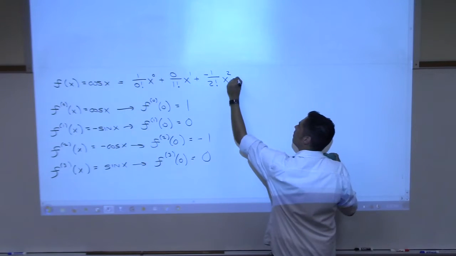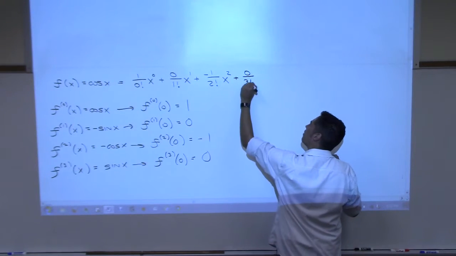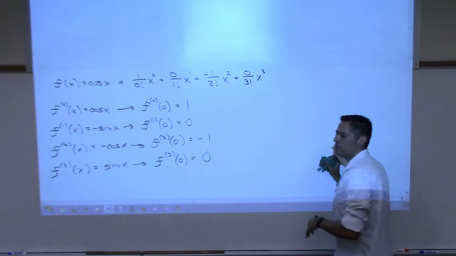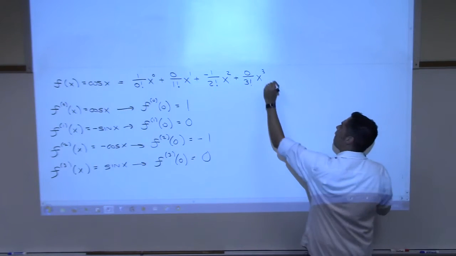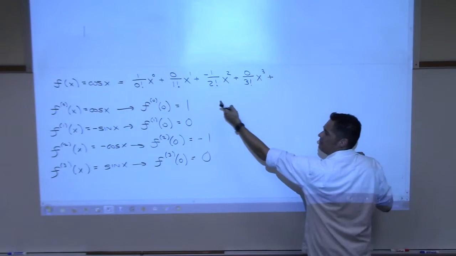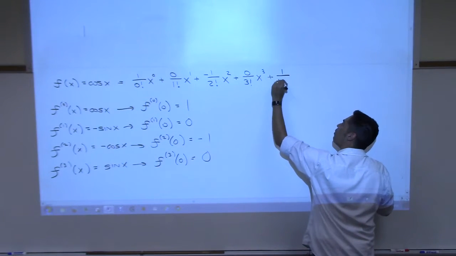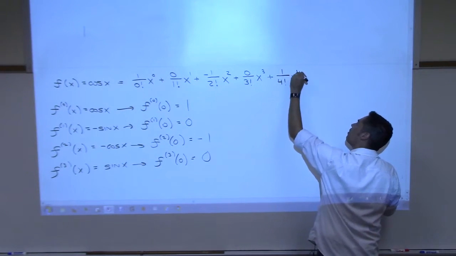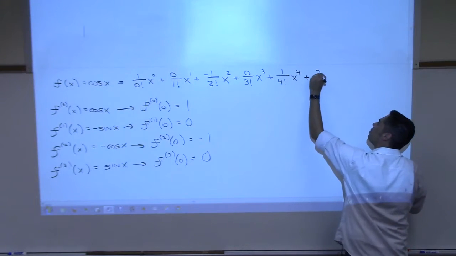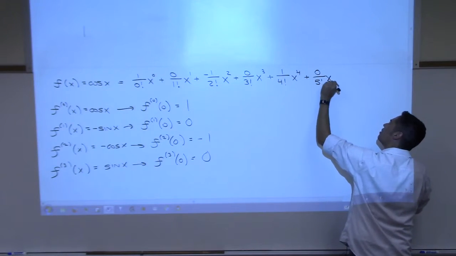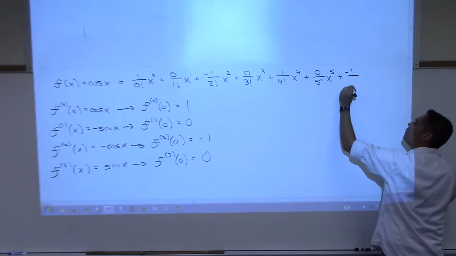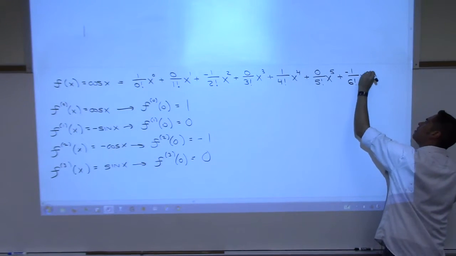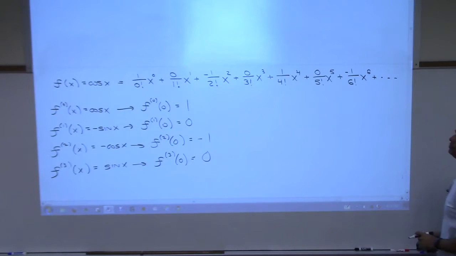Next one, 0 over 3 factorial x cubed, but that one's going to go away, so no odd piece. And then the fourth one will be back up here, so 1 over 4 factorial x to the fourth plus 0 over 5 factorial x to the fifth. Let's do one more. Negative 1 over 6 factorial x to the sixth plus dot, dot, dot.